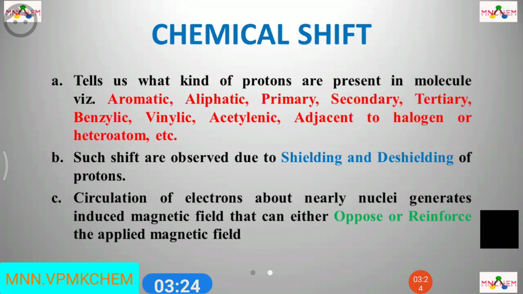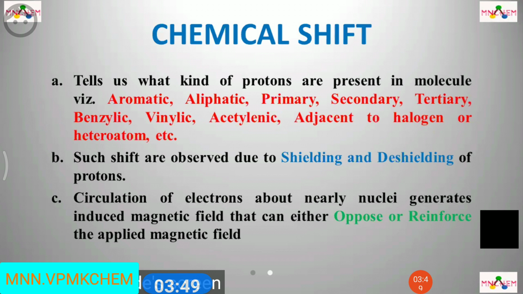Now, this placing of the signals is referred to as chemical shift. So the position of these signals on the x-axis, when we represent it in the NMR data, is usually represented with the chemical shift of those protons.